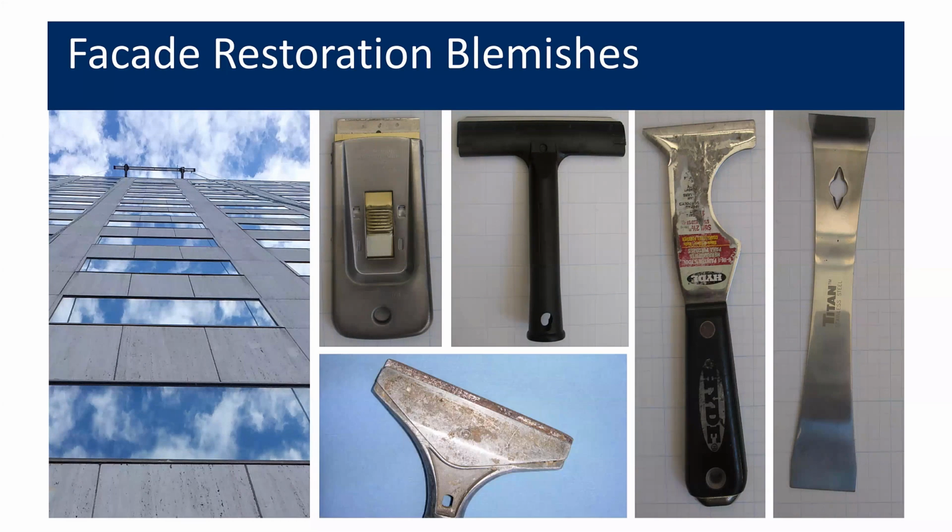And then our favorite would be the tile scraper. And yes, that device is typically used to scrape your old 1960s, 70s linoleum tile off your floor when you're remodeling your kitchen, for instance.